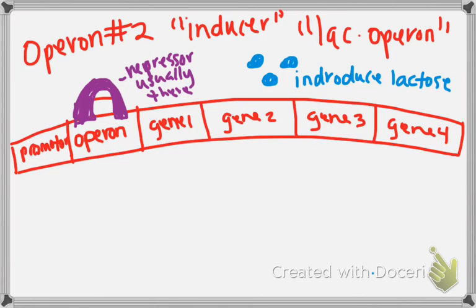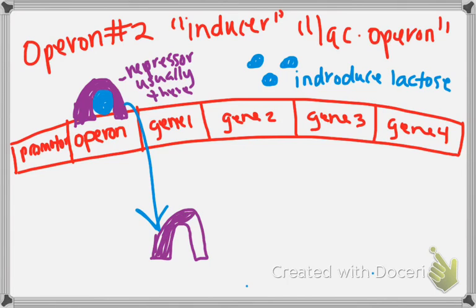This little guy is going to be filled with a glucose, or pardon me, a lactose molecule. I'm used to saying glucose. And because it has been introduced to lactose, then your repressor is going to be removed.